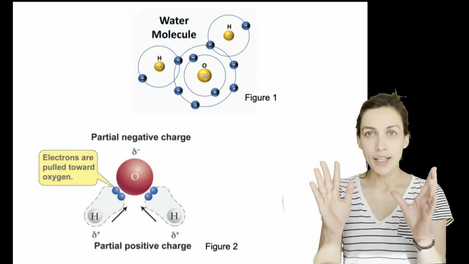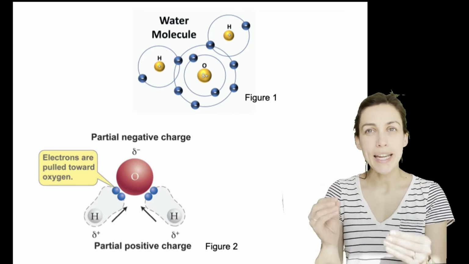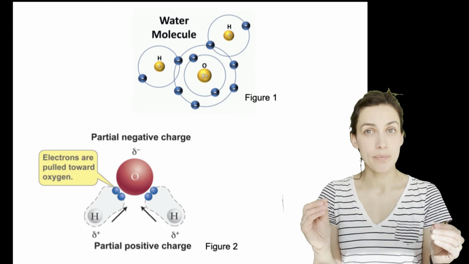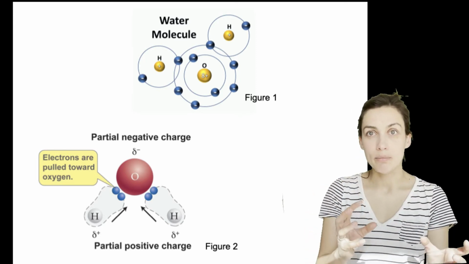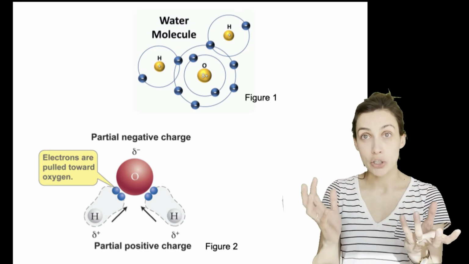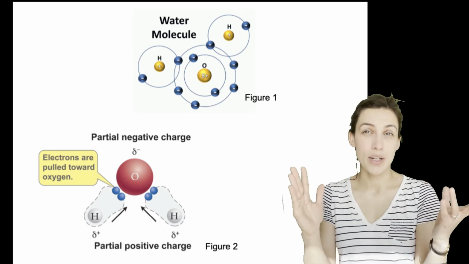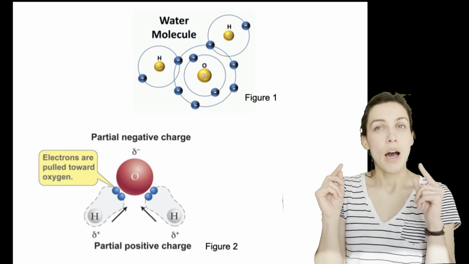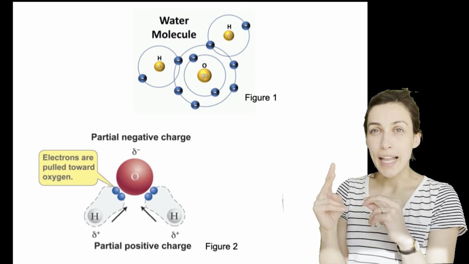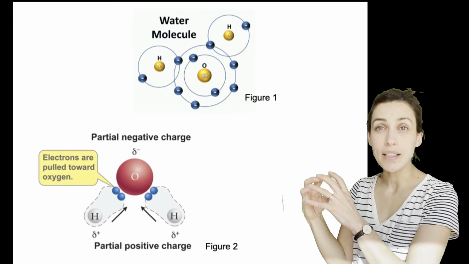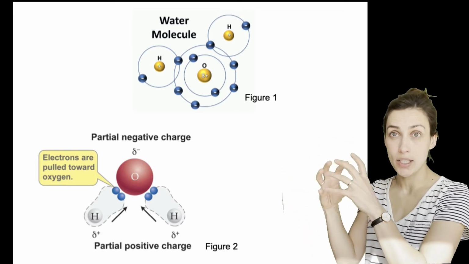So overall, the water molecule is neutral because if we count up all the protons, the number will equal all the electrons if you combine oxygens and hydrogens, electrons and protons. We have an equal amount of positive and negative charges. However, the two shared electrons from hydrogen are spending their time almost entirely in the sphere of oxygen.